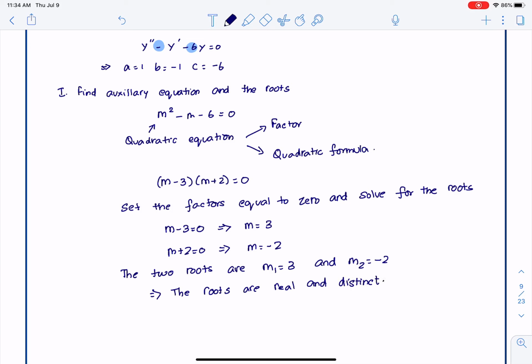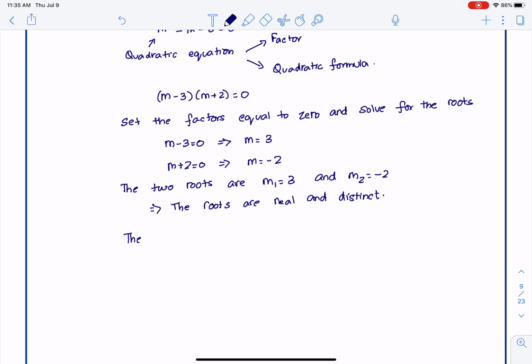And we know what the solution to the equation is if the roots are real and distinct. So the solution is y equal to c1 e raised m1x plus c2 e raised m2x. So we have c1 e raised 3x plus c2 e raised minus 2x.